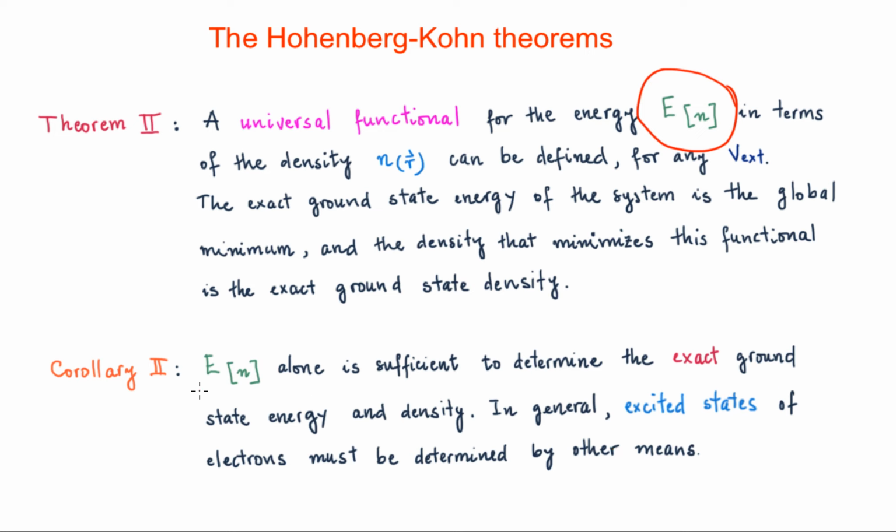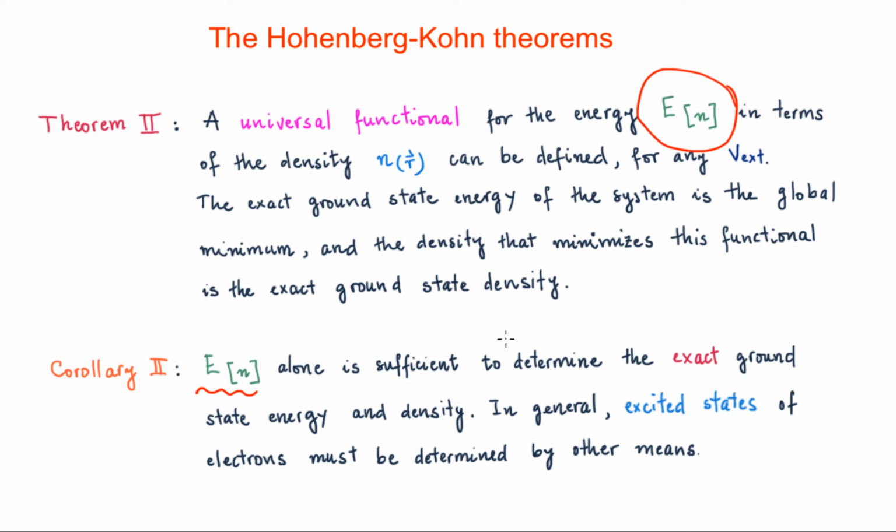So this functional of the energy is going to determine only the ground state energy and density. If we want to calculate other excited state properties, which in principle we could according to the first theorem, we will need other kinds of functionals, or we will need to find another way of doing so.